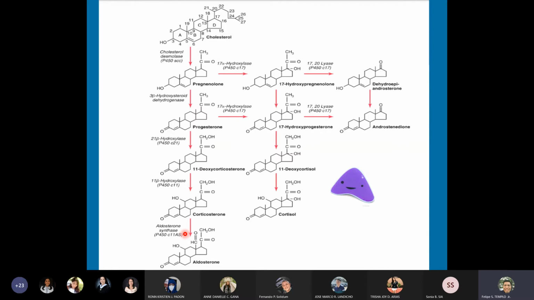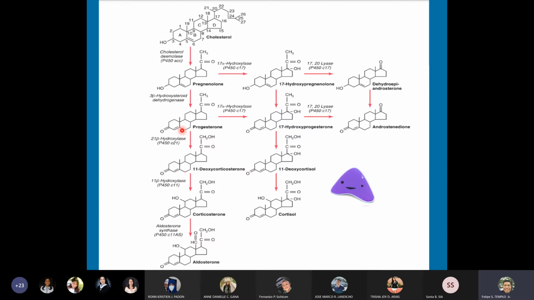In fact, they would still manifest with hypertension, because even if you have deficiency in aldosterone synthase, the 11-deoxycorticosterone already has some mineralocorticoid activity. From the table that I've shown earlier, you already have some mineralocorticoid activity. So you won't have a salt wasting problem.